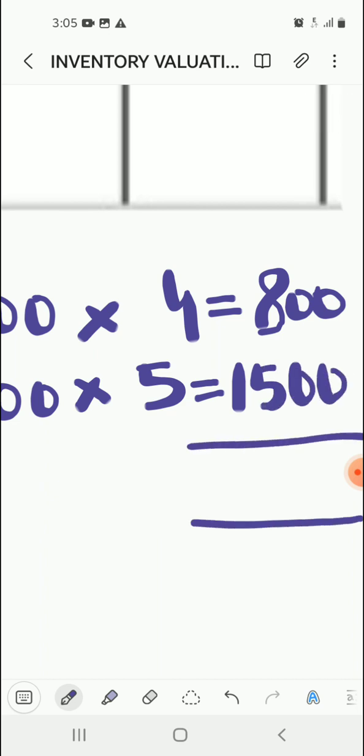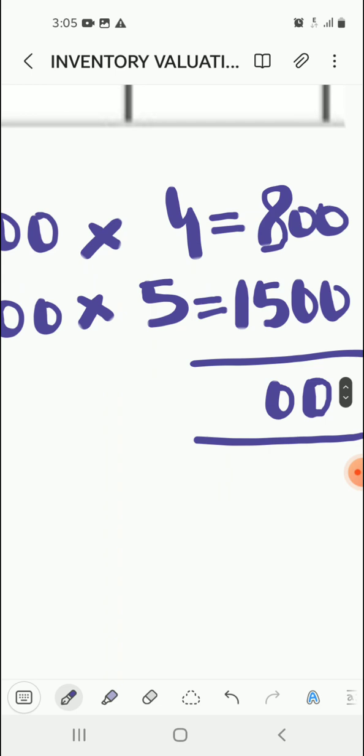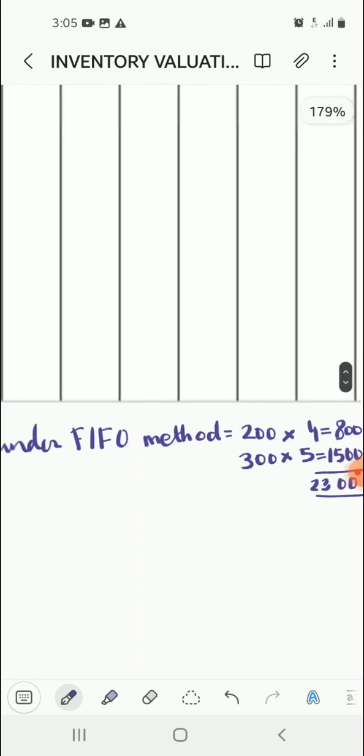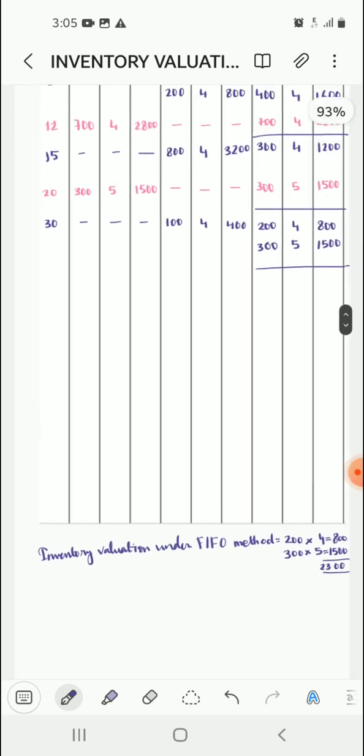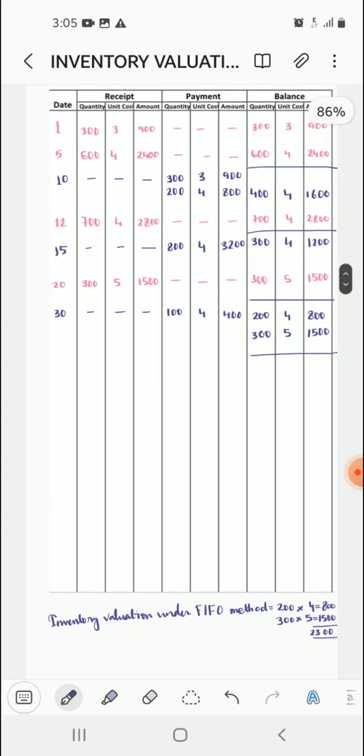Add these two. Five hundred units are left with us. 2300 is my inventory valuation under the FIFO method.